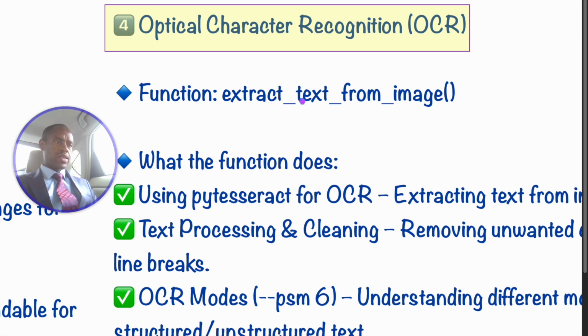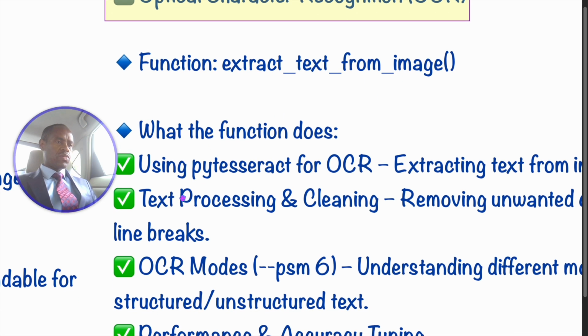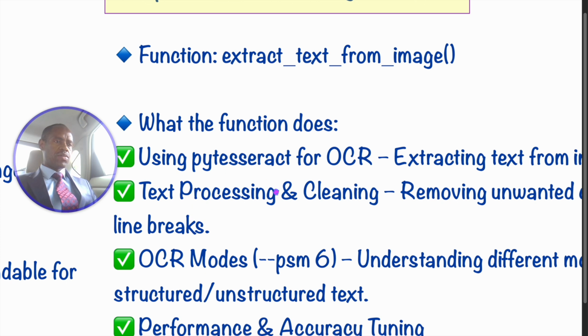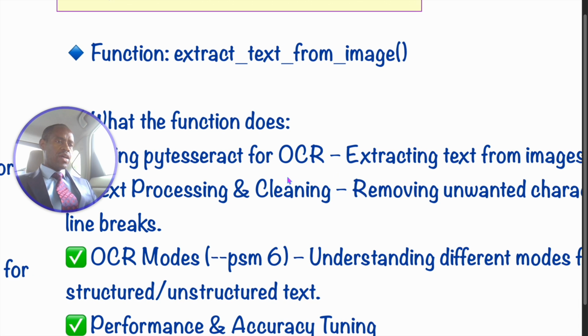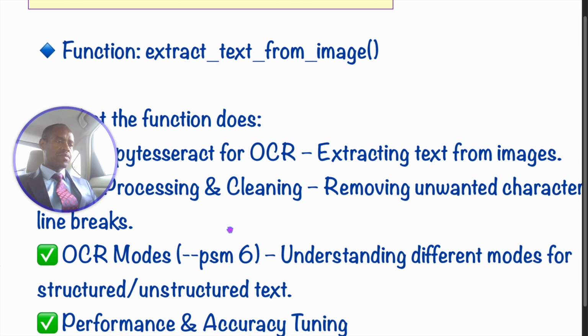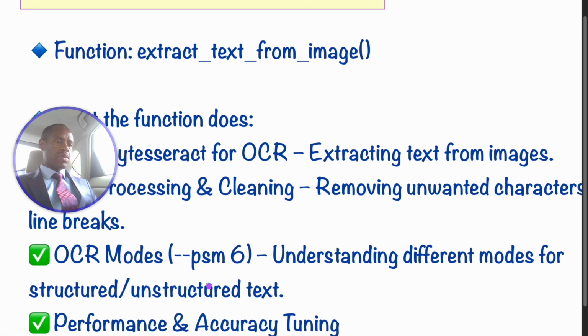The function extract text from image takes care of it, and this is what it does. It will use pytesseract, that's the Python version of Tesseract, to extract text, and it will do some cleaning of that text to make sure it has the format of a text.